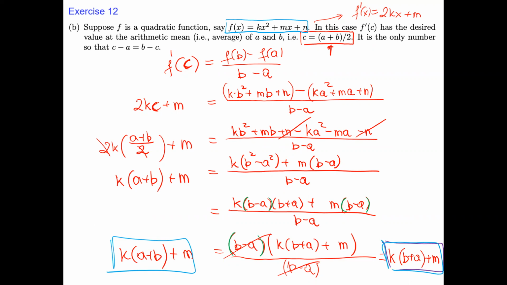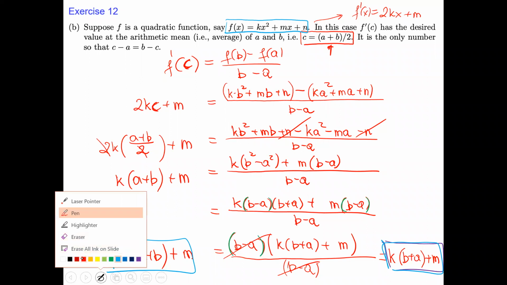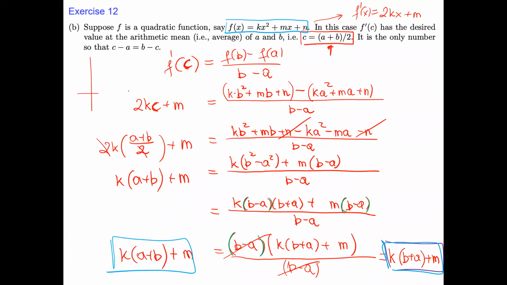The average rate of change, we've got the same. And if we draw this situation, we will have a quadratic between a and b. Okay, value for a, value for b, and a parallel line.